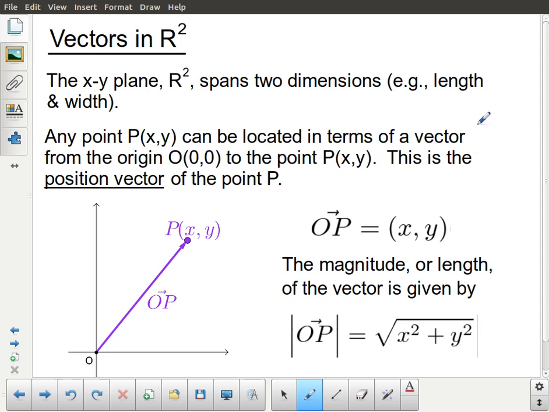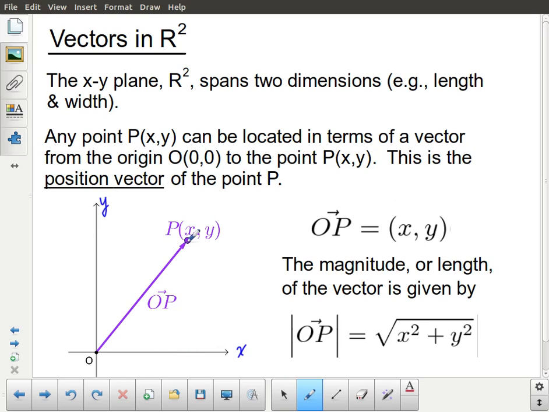So if you're looking to capture something in your notes, this is what I would suggest. It's a condensation of what I was going through before, just sticking to the relevant information. So we're talking about R2, which is a two-dimensional plane. And typically that's going to be our XY plane. So we're going to have the x-axis and the y-axis, and that forms a flat surface, and we call that R2.